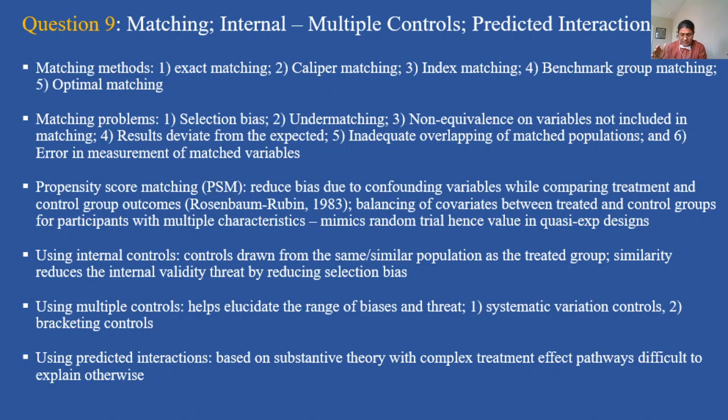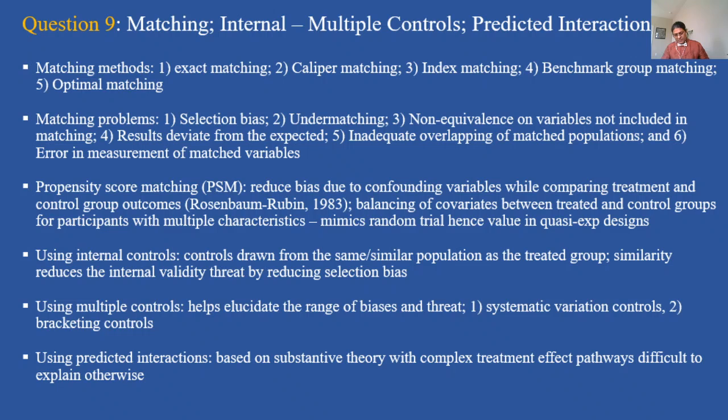Fourth is benchmark group matching, which entails selecting units that are a close match to the treatment unit on a multivariate distance measure. And fifth is optimal matching, which is multiple matched controls for a treatment unit and vice versa.